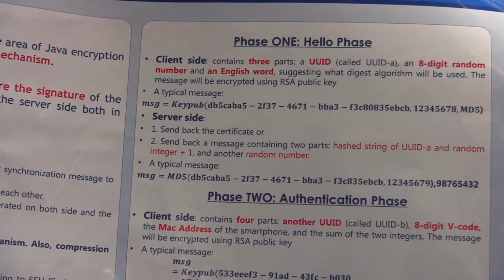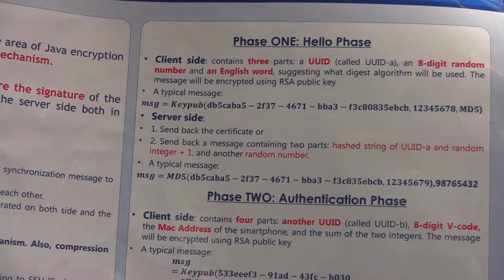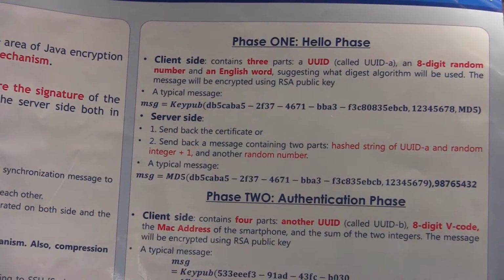So this English word refers to the exact hashing algorithm that will be applied in the next 2 phases. Here we use MD5, but we can also choose SHA-1.